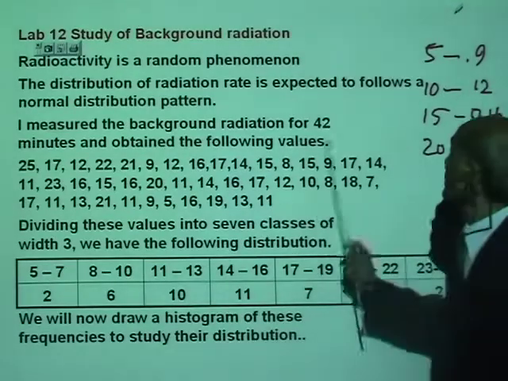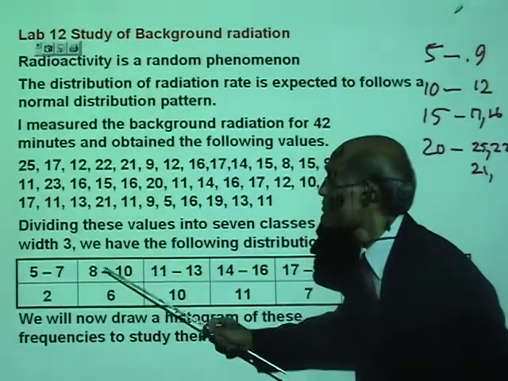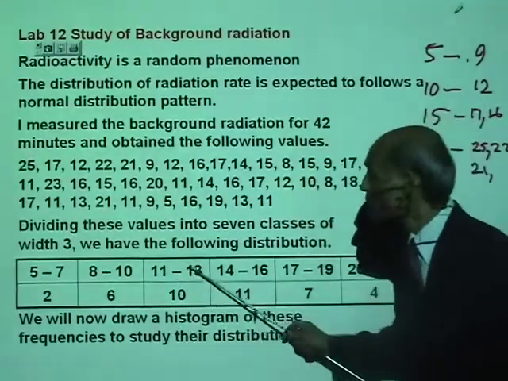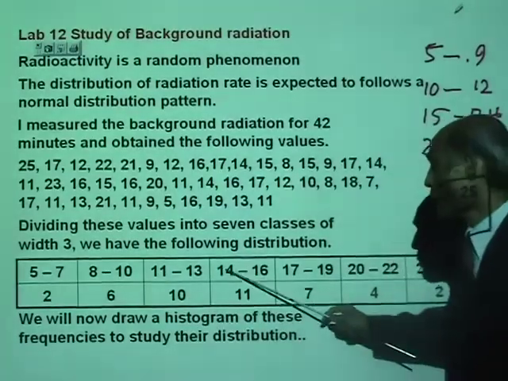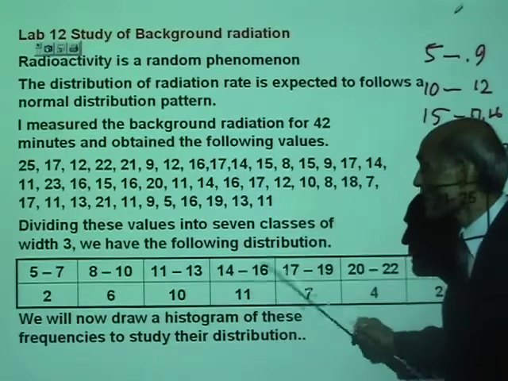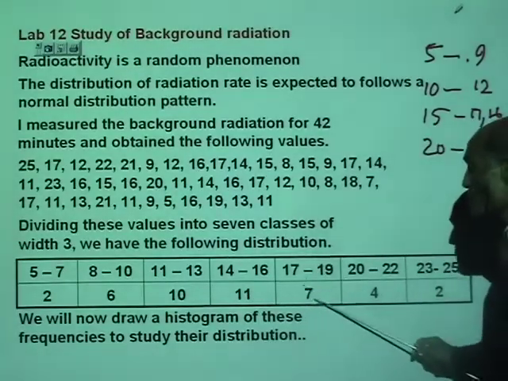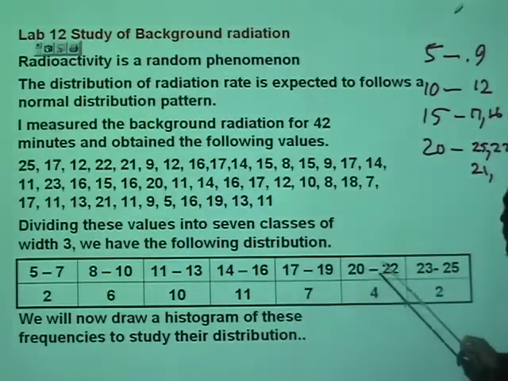Using that, I counted the numbers from 8 to 10. I got 6 of them. 11 to 13, I got 10 of them. 14 to 16, I got 11 of them. 17 to 19, there were 7. 20 to 22, there were 4.